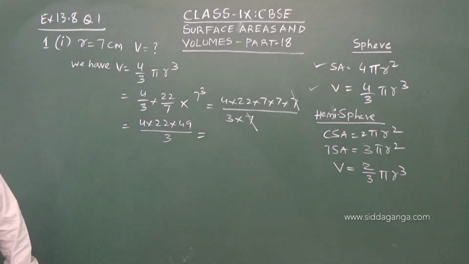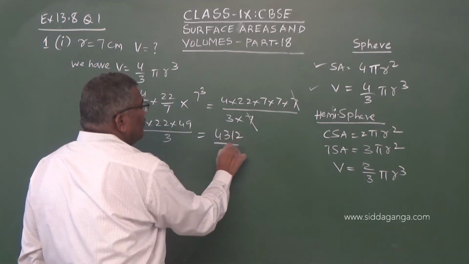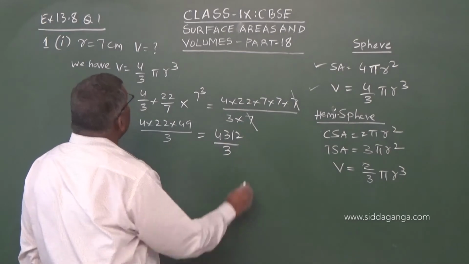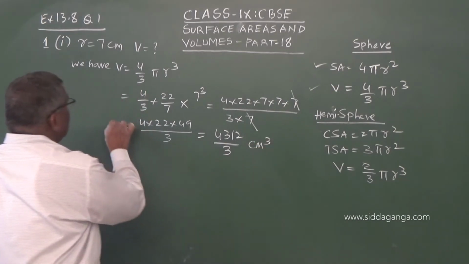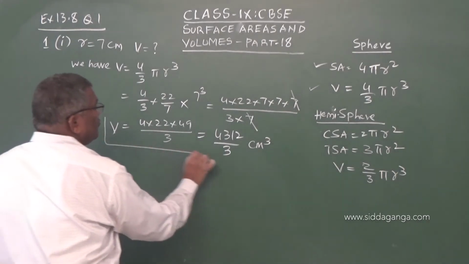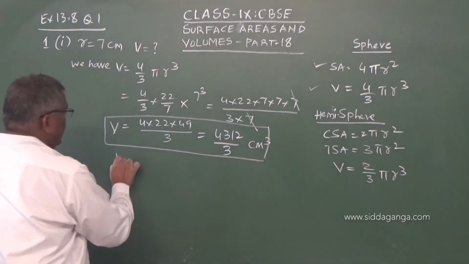You simplify this, you will get 4312 by 3 centimeter cube. So this is the volume. Or you can divide it.